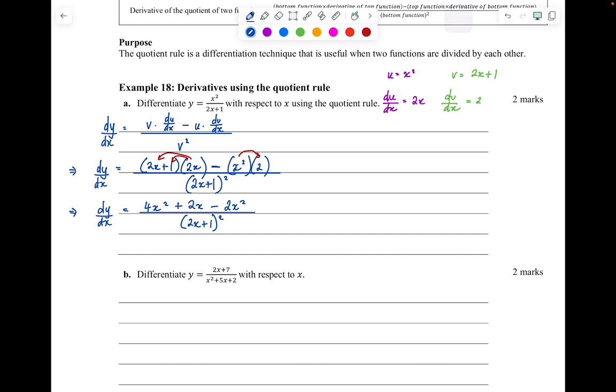I might jump up a line here just so we can simplify from here. So dy dx is equal to, let's have a look at the numerator. We can see that we have the 4x squared minus the 2x squared, which gives us 2x squared plus 2x. We'll leave our denominator factorized.